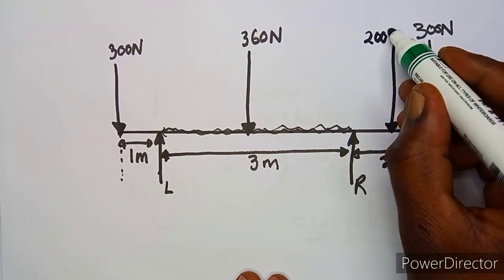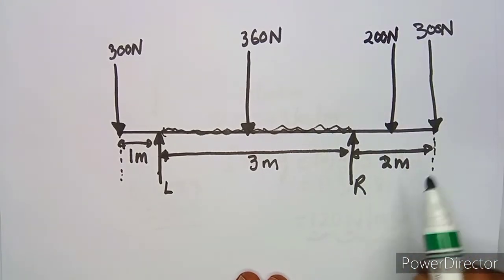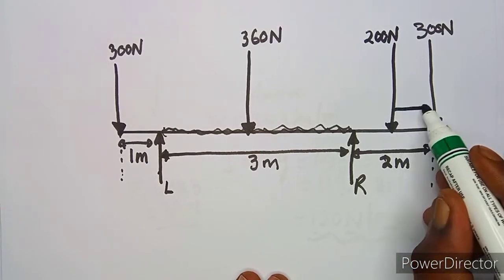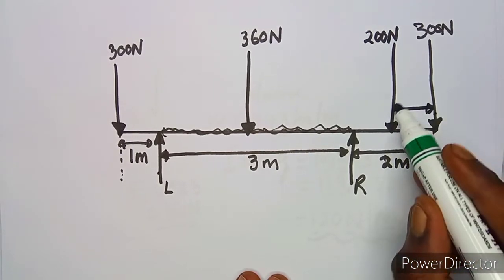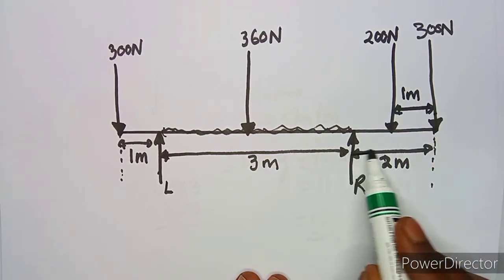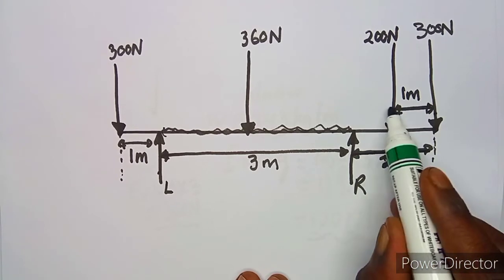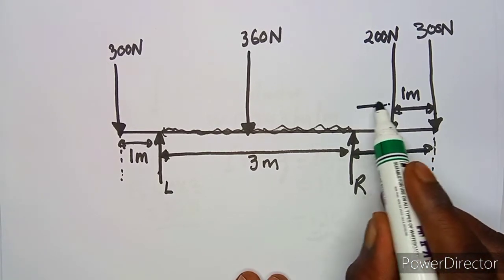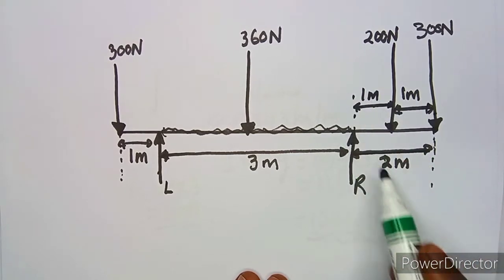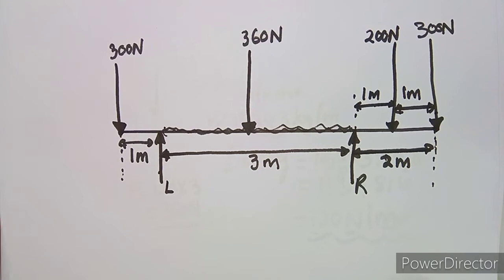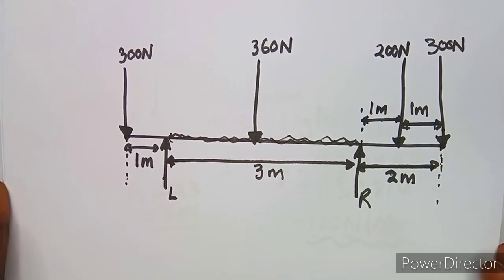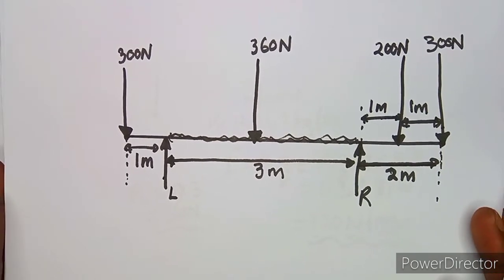So there is a 1 meter distance in between these two. But remember that previously this whole distance was 2 meters, which means you can separate here to have another 1 meter to give you 2 meters, like that. Okay, so I think everything about this information is now represented on the diagram.